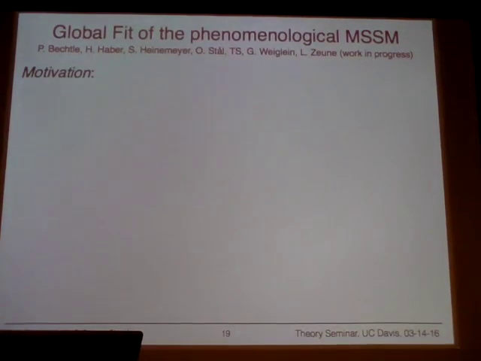Now this is a project which we are working on at the moment, so all the results are preliminary. We are performing a global fit in the phenomenological low energy MSSM.